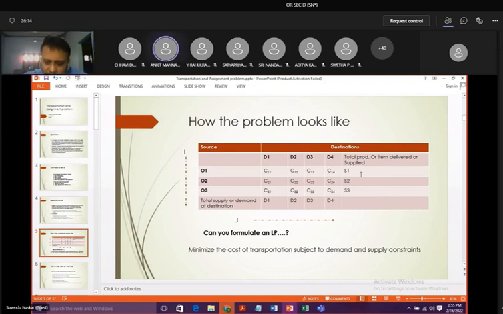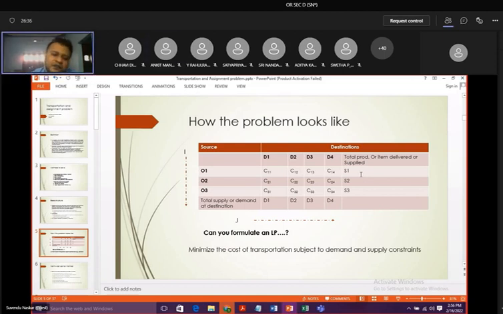Sir, yes, please. So the objective function will be summation of Cij minimum. Okay. And the constraint will be summation of Si equals summation of Dj. Okay, you are very close.